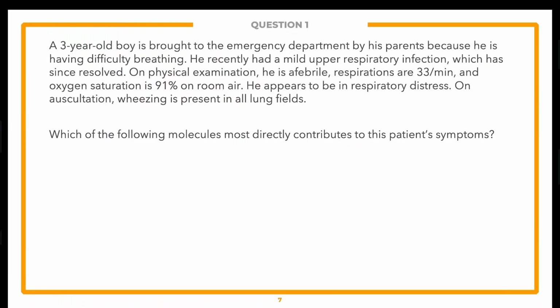He appears to be in respiratory distress. On auscultation, wheezing is present in all lung fields. So again, the question, which of the following molecules most directly contributes to this patient's symptoms? In your mind, you may already be thinking of potential molecules even before we reveal these. So think about that as I pass it off to Abraham.